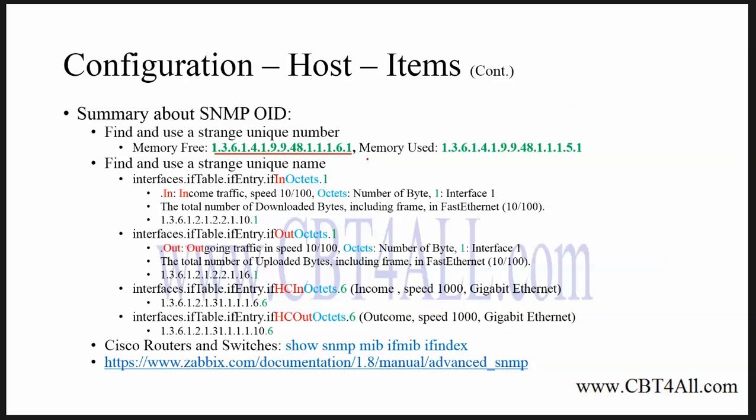When finding an SNMP OID, generally we have two different approaches. The first is finding a unique strange number like this, or finding a unique name. What does it mean? Let me show you.